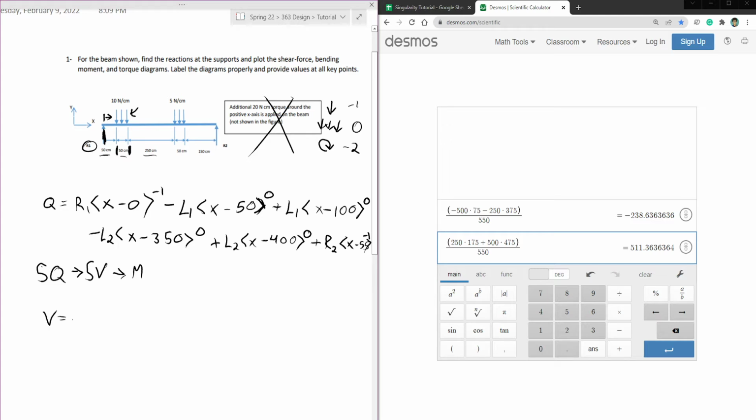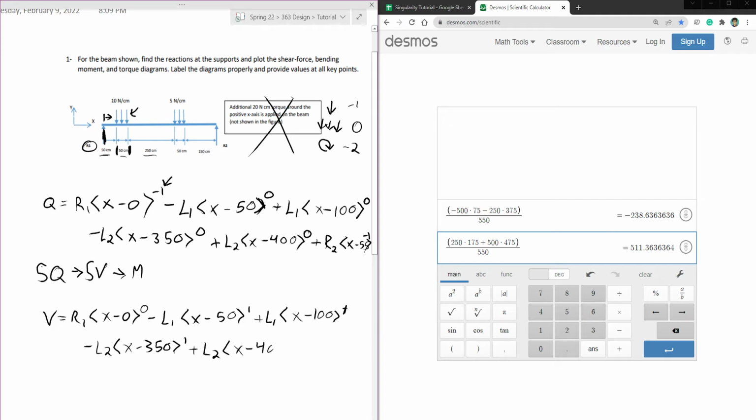So V is equal to R1 X minus 0, and then our -1 up here becomes a 0, minus L1 X minus 50 to the first, plus L1 X minus 100, also to the first, minus L2 X minus 350 to the first, plus L2 X minus 400 to the first, and finally plus R2 X minus 550, and I ran out of room again, to the 0th.